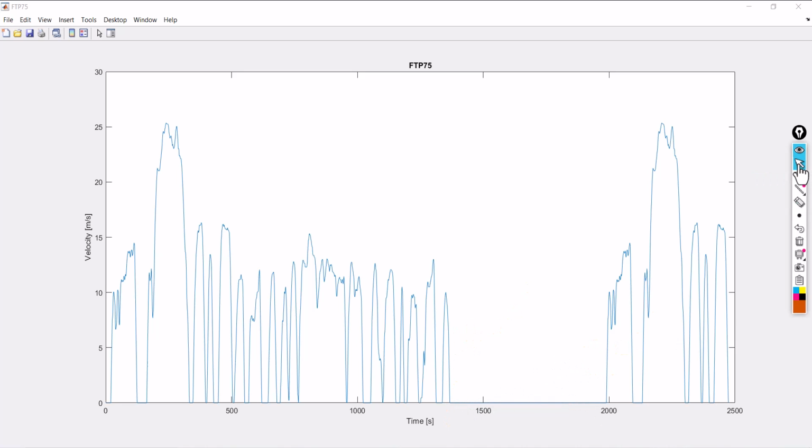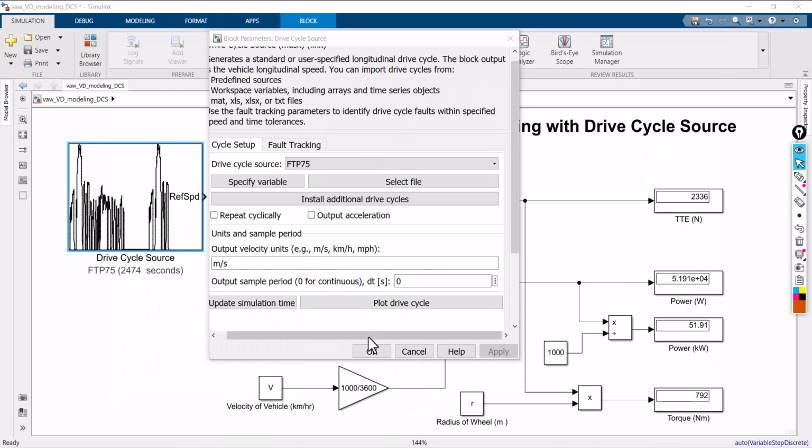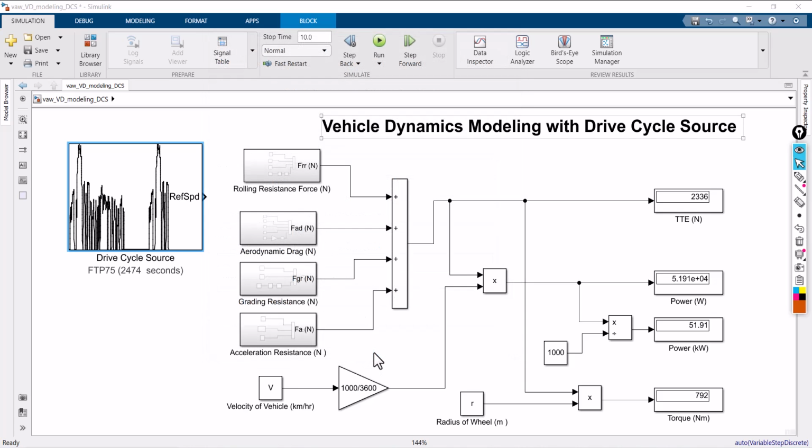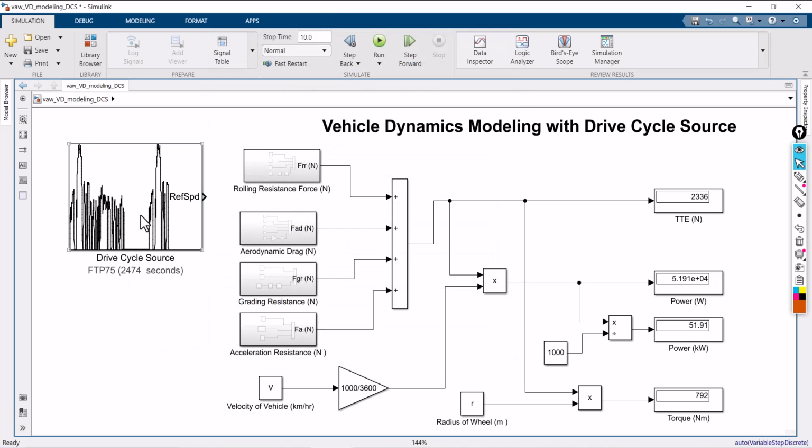So I'm going to use this drive cycle source as an input to study my vehicle behavior. Whatever unit I want is meter per second. Let me click OK. Now you can remove this vehicle velocity as well as this conversion gain.